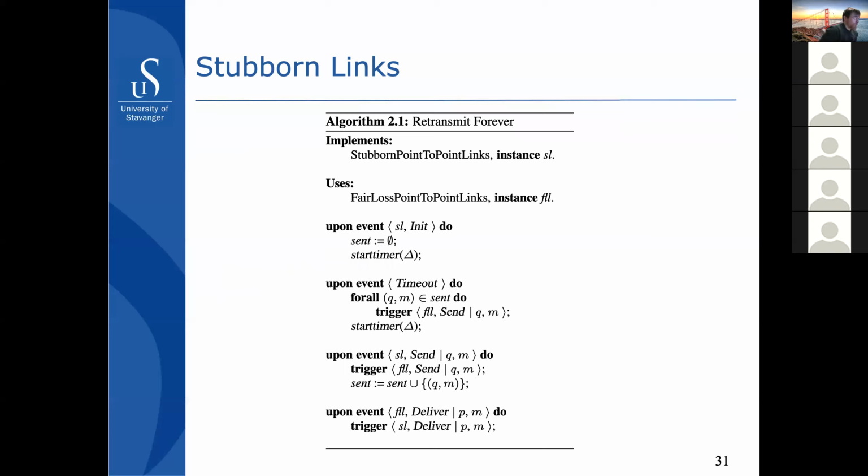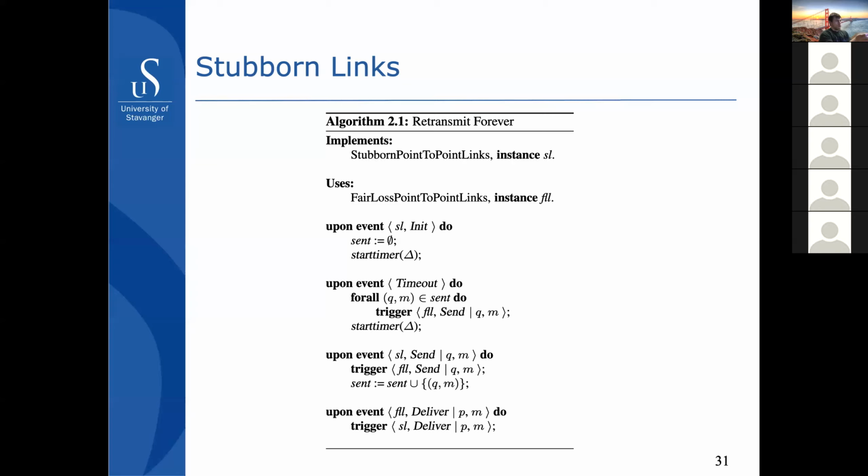And this algorithm can be implemented very easily, simply by sending the same message again and again and again. So again, we have two events: the SL send, or the send event. Whenever we use this algorithm to send a message, we trigger the lower level, which is fair loss point-to-point links.